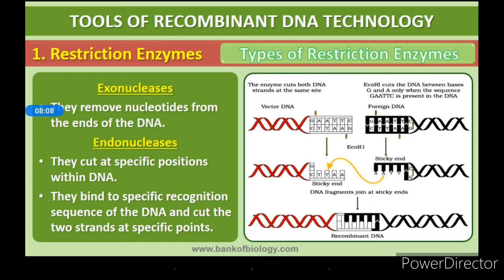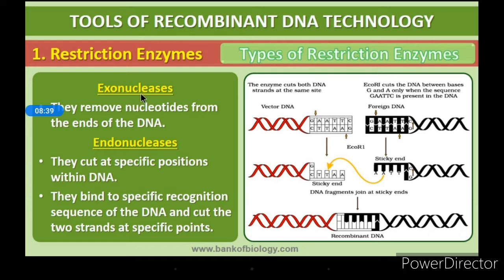Two types are there: one is exonuclease and the other is endonuclease. Exonuclease removes the nucleotide from the end of the DNA. And endonucleases cut the DNA, that means remove nucleotides from specific positions within the DNA.